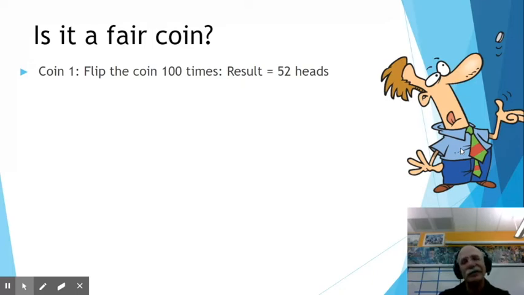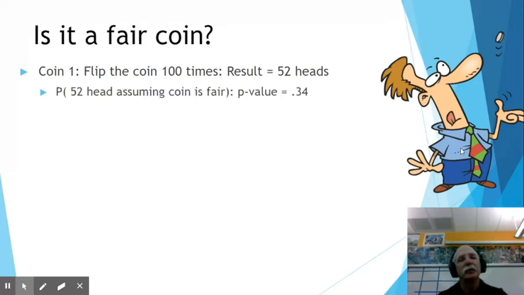If I ran a statistical test on that, the probability that I would get at least 52 heads, not exactly, right, but 52 heads or more, or something that extreme, has a p-value of 0.34, a 34% chance of happening, which just isn't all that unusual. Not too unusual.